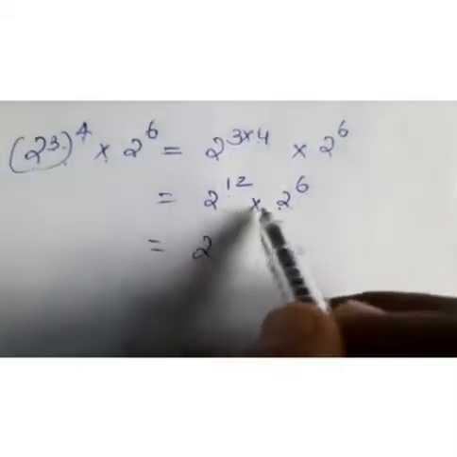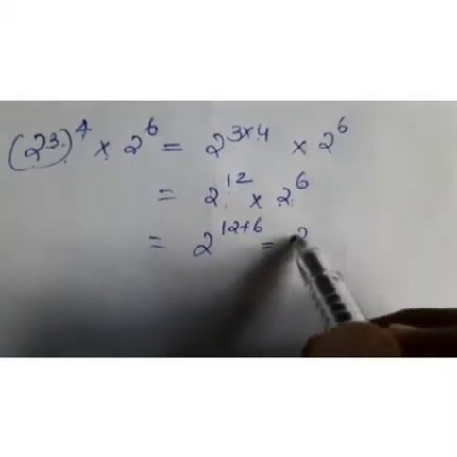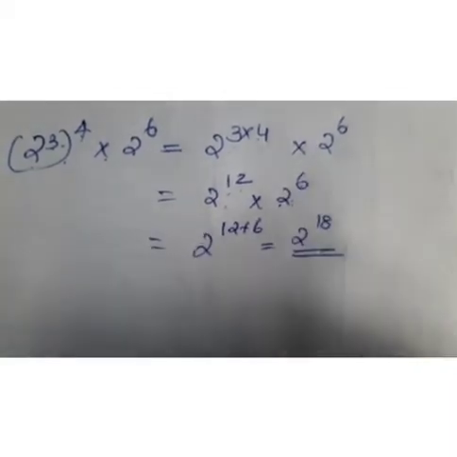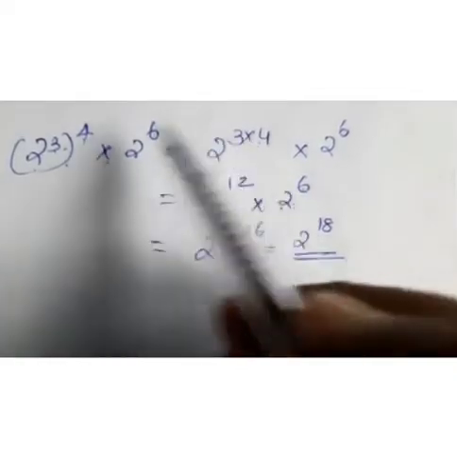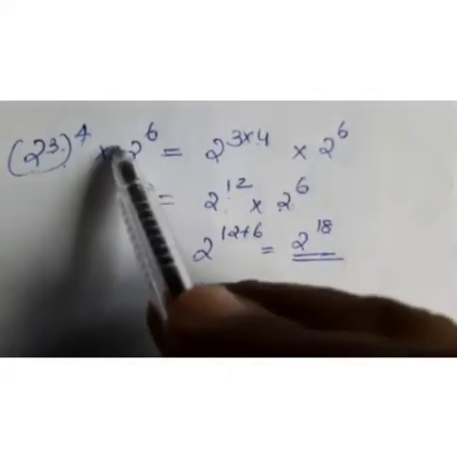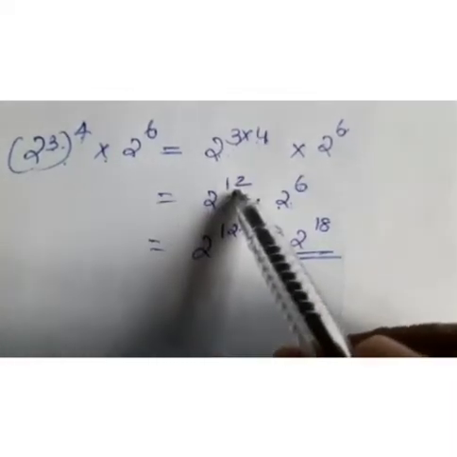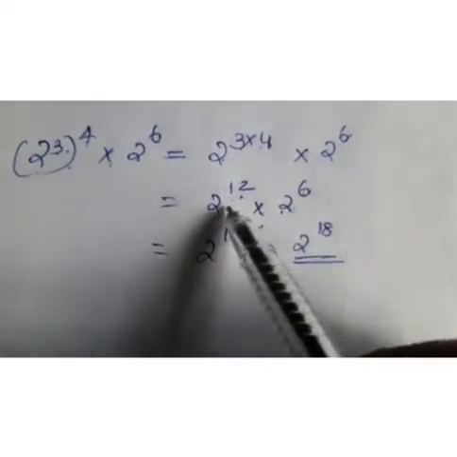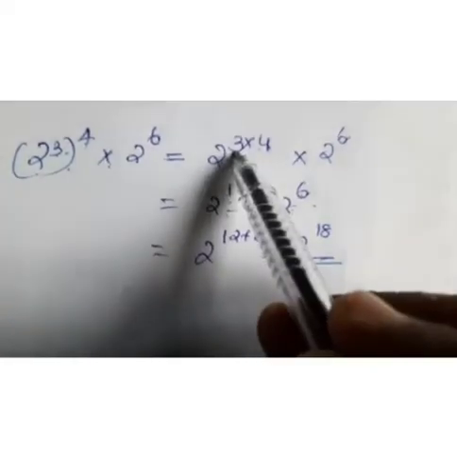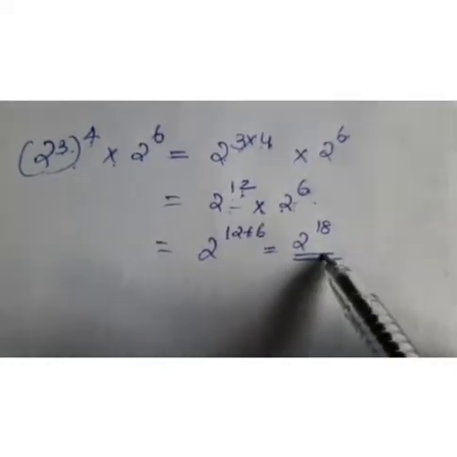So 2 raised to 12 into 2 raised to 6 is 2 raised to 12 plus 6. We will get 2 raised to 18. Here it is the multiplication rule, here it is the power of power. So 12 plus 6 is 18.